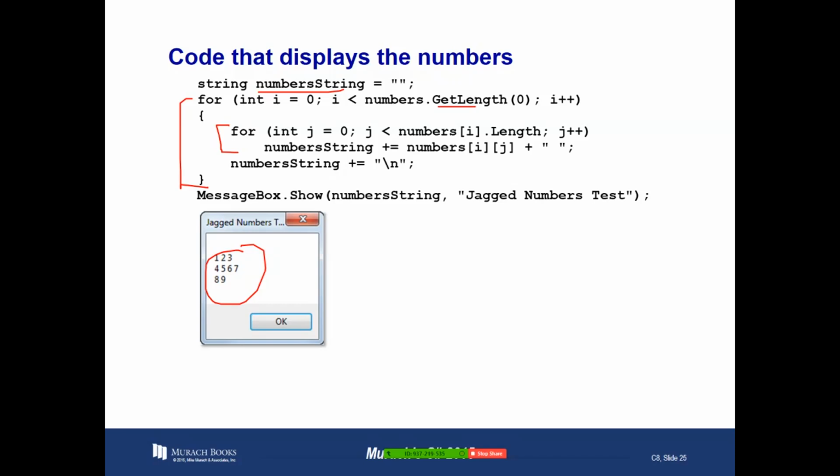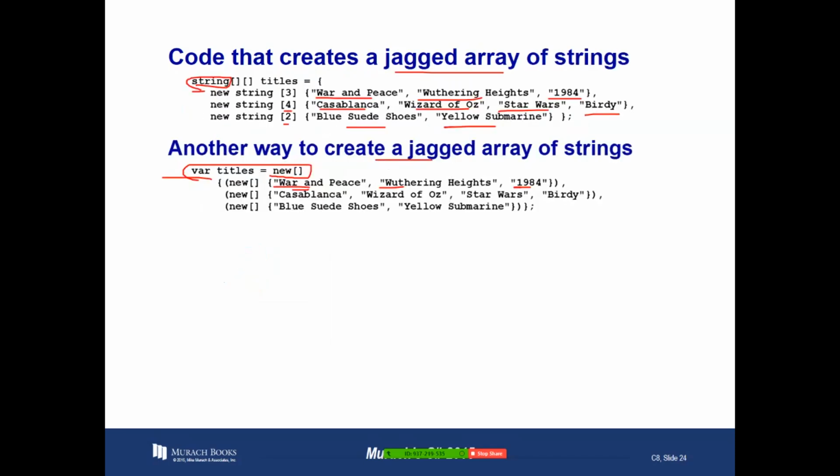We use that method. And then inside each one of these arrays, each one of these numbers arrays is a singly dimensioned array. You see, this is a single dimension array. This is a single dimension array of 3 elements, of 4 elements, of 2 elements. And so these are arrays, got 3 of them here.